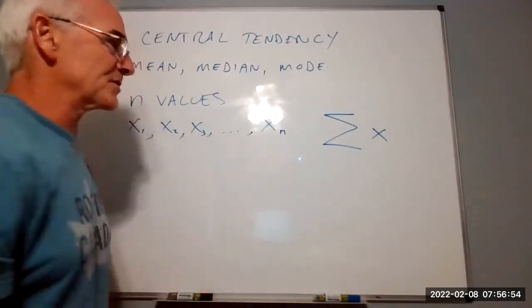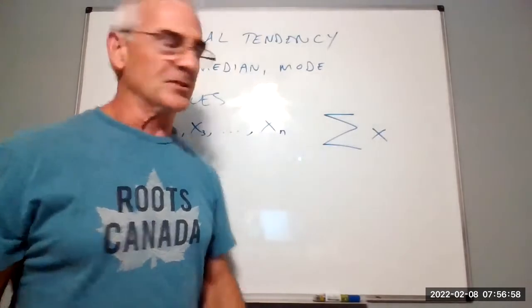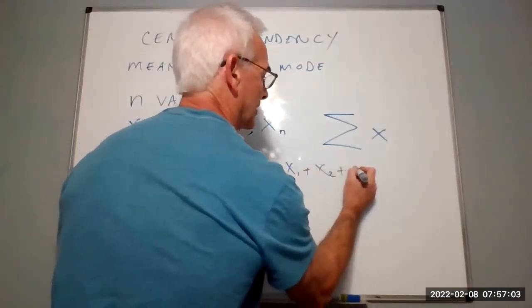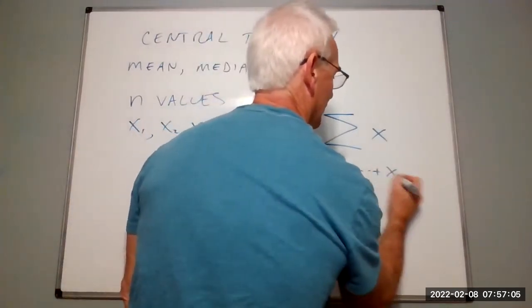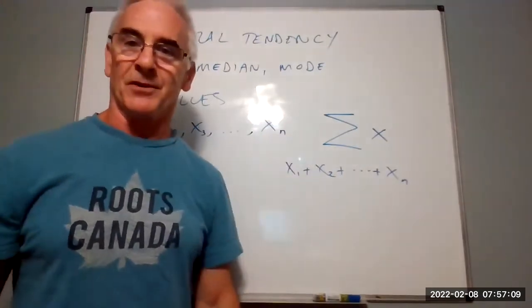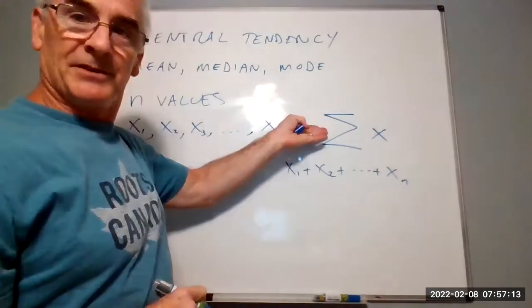These are my scores. This just says the sum of the scores. That's it. So what this means literally is x1 plus x2 plus all the way down to xn. I want to add up all the numbers. So we just put a summation in front of the x. That's it. That makes it really convenient.